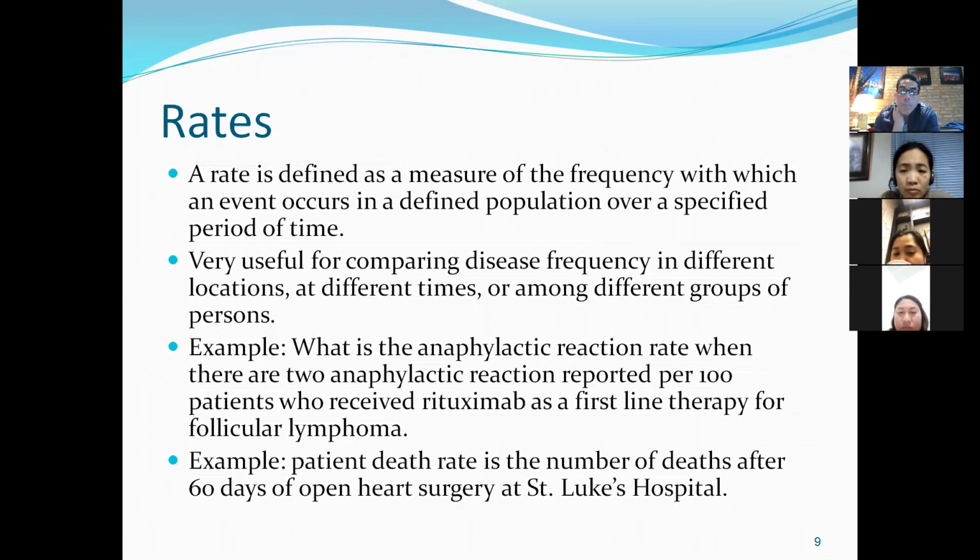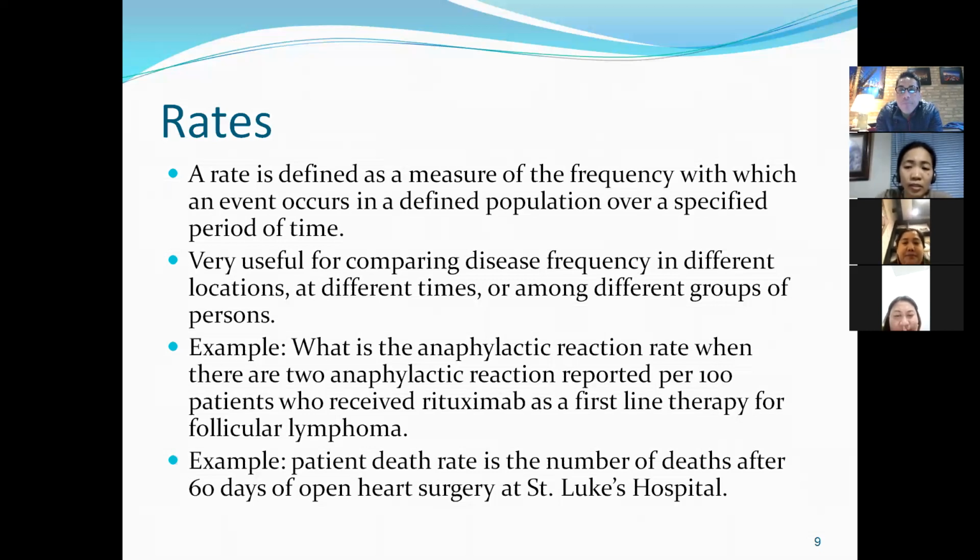So most hospital accreditors or surgical program accrediting bodies would always want this type of statistic, patient death rate, very specifically after 60 days of open heart surgery. So it's a measure of the frequency with which the event occurs in a defined population. So the population here is open heart surgery patients over a specified period of time, that is 60 days after they had the open heart surgery.